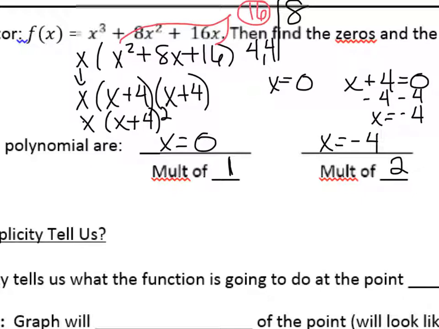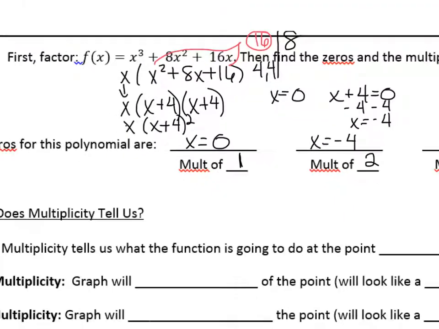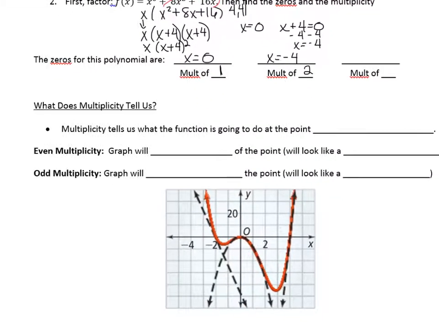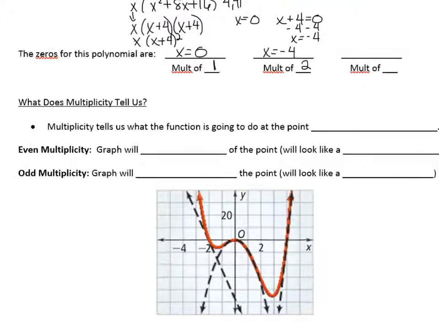Now what we're going to look at is how this tells us what the graph looks like. So multiplicity tells us what the function is going to do at the point on the x-axis, because remember, as we talked about earlier this year, whenever we find a 0, we're talking about the point where it crosses the x-axis.